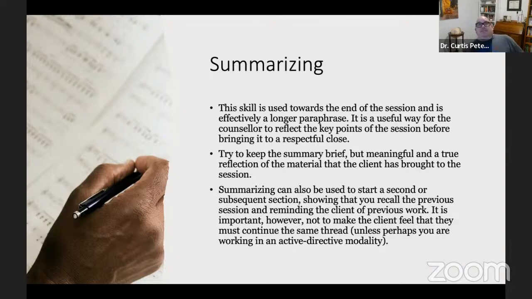Then you talk about what you worked on in that group. What skills did we go over? What conversations did we have? And then you do a quick review of homework, saying during this week, we're going to work on our thinking journals, for example.